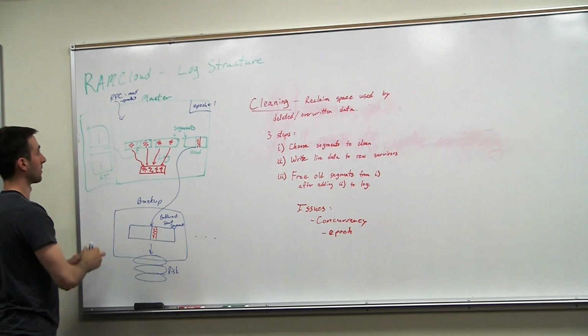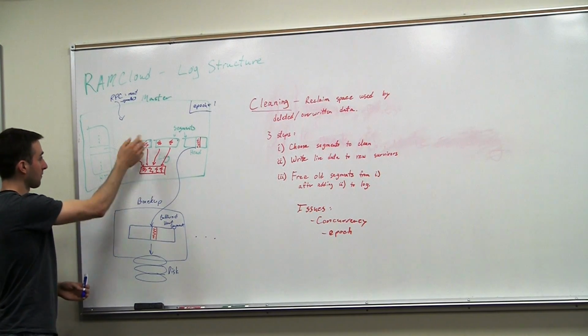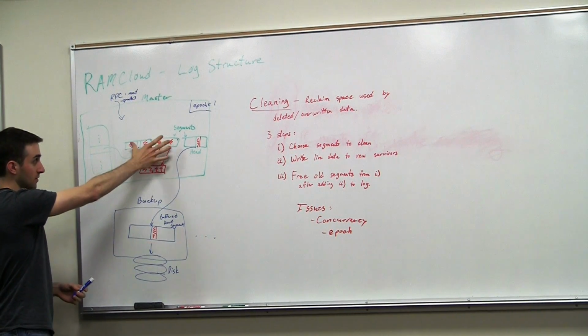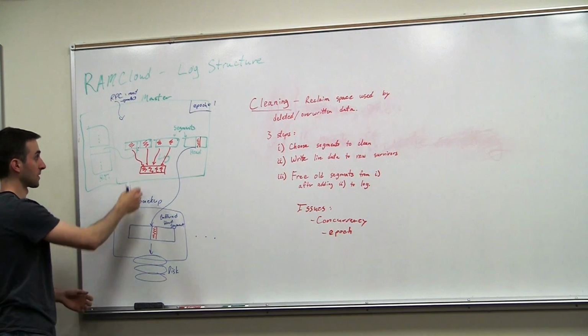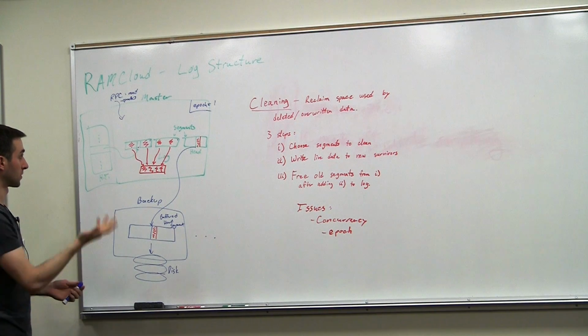If we don't have any such RPCs in the system, then they must have started after we had relocated all of these pointers out of these old segments, which means there's nothing in the system that could be pointing to these segments anymore, so it's safe to reuse that memory.